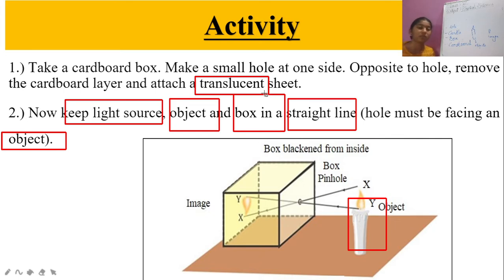You can write your answer in the comment box. What do you mean by translucent objects? Yes students, translucent objects are those through which we can see objects but not clearly, right? We can see partially, the object is not clearly visible to us but we can see it, right?